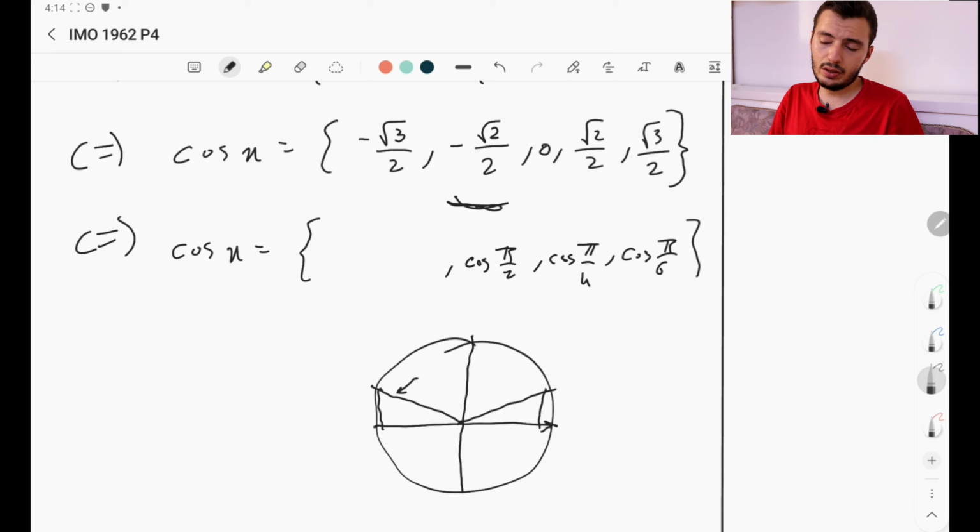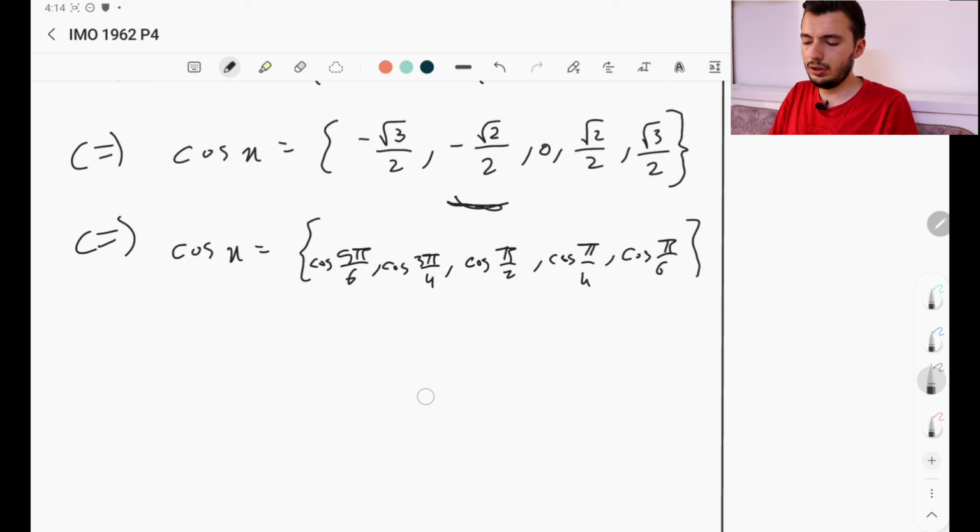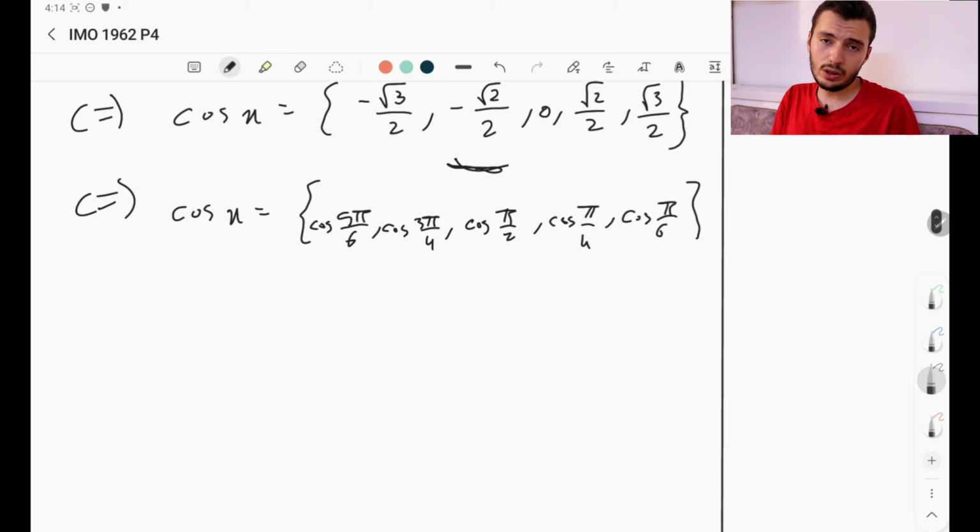So it's pi minus pi over 6, right? So here we can write cosine of pi minus pi over 6, which is just 5 pi over 6. What about here? Here we also have cosine of 3 pi over 4.